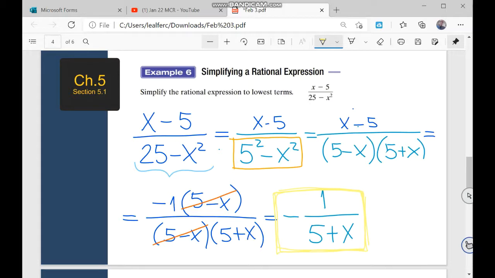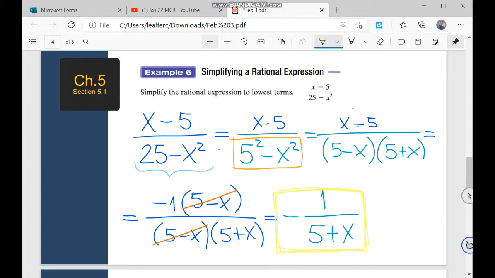Yes, the factoring is hard work. As long as you practice, you're going to identify the formulas and the techniques, and you will be able to apply them in order to factor out and find all the factors and common factors. But at the end, when everything is factored out, piece of cake.